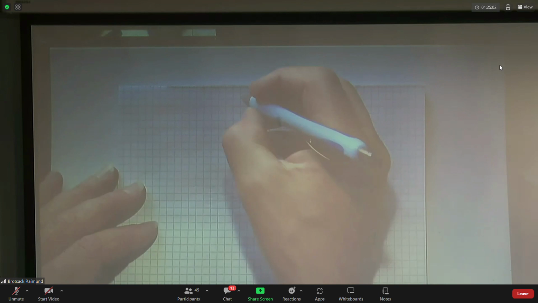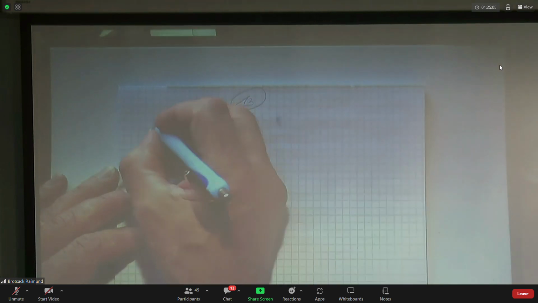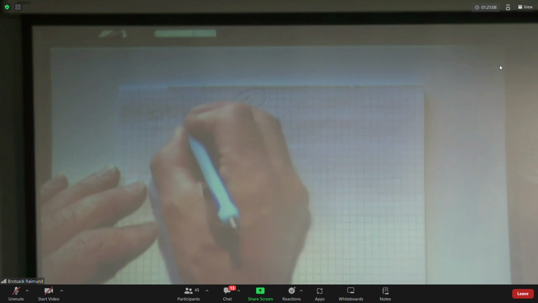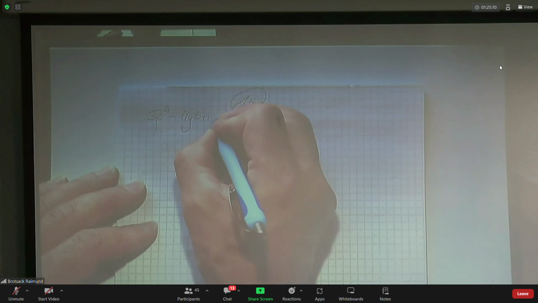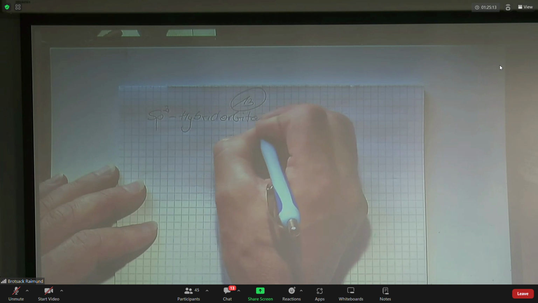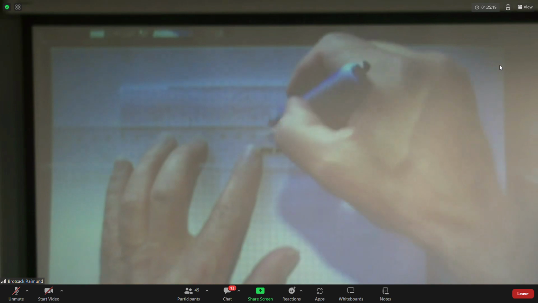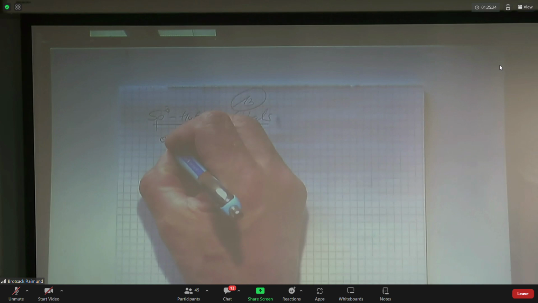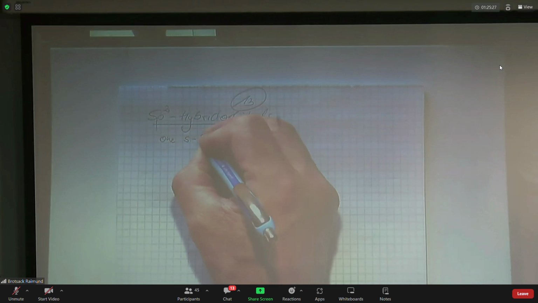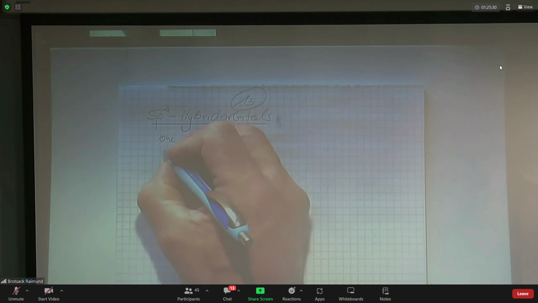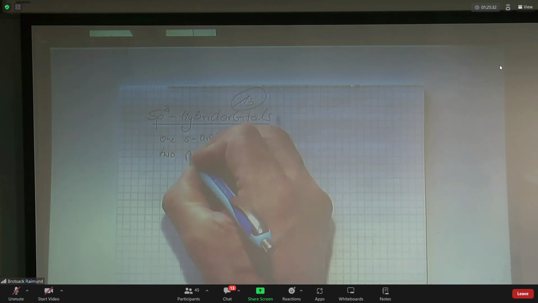And that's the sp2 hybridization. Now we just need one s orbital and 2 p orbitals.